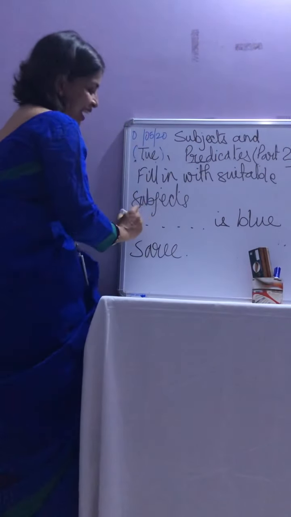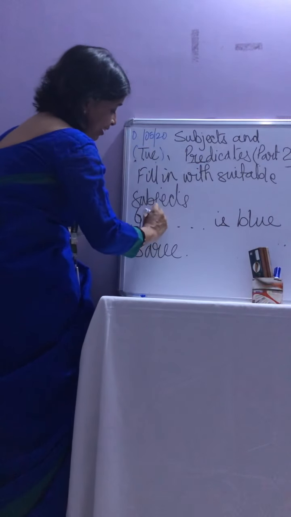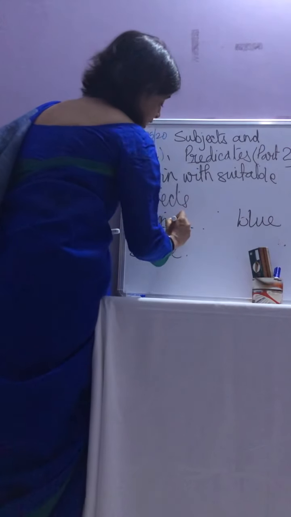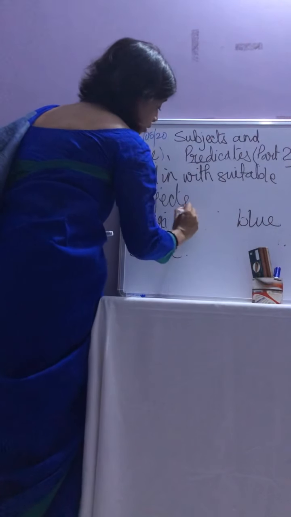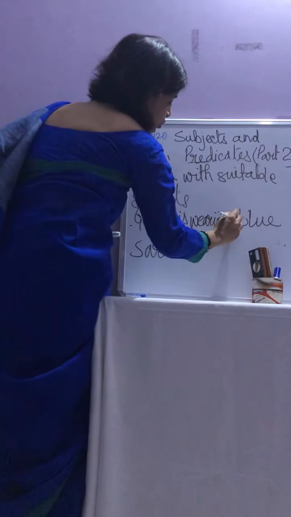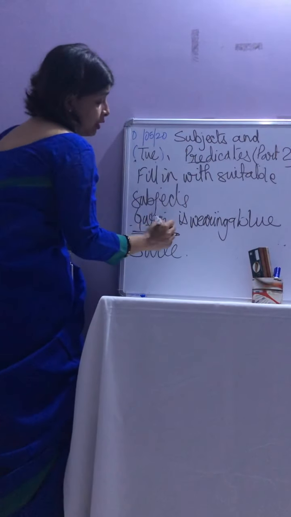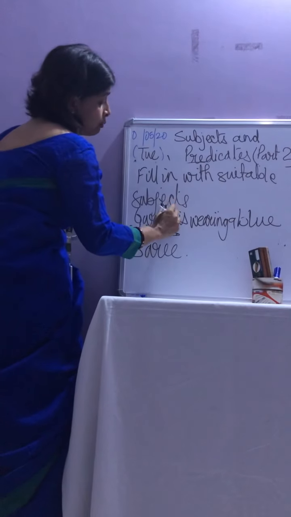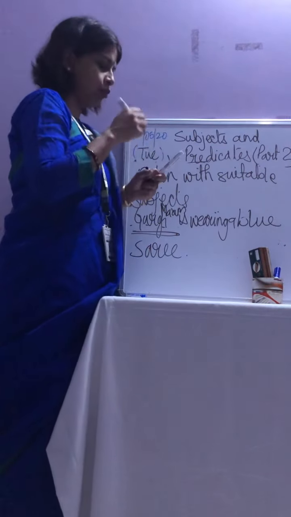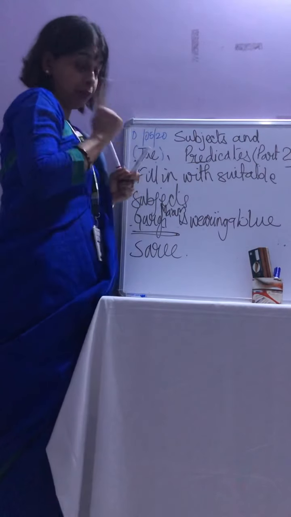Right here, you're going to write Gargi, a woman, is wearing a blue sari. So this is who is being talked about? Gargi. Okay, so this is how you will fill in if they ask you for a subject to be filled in.